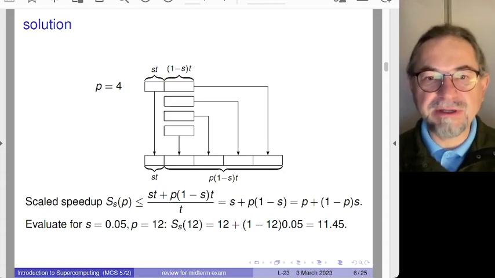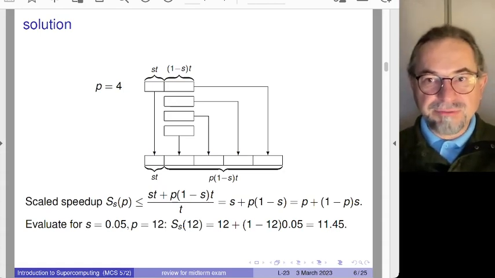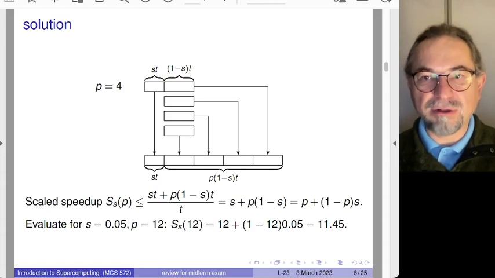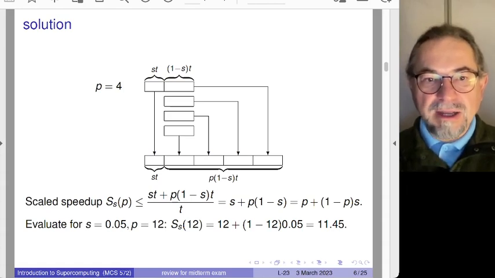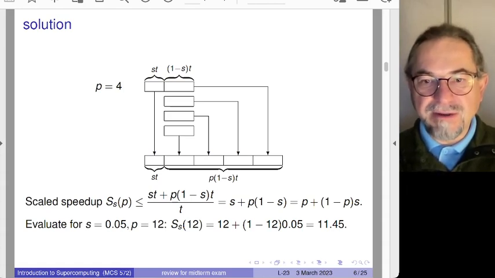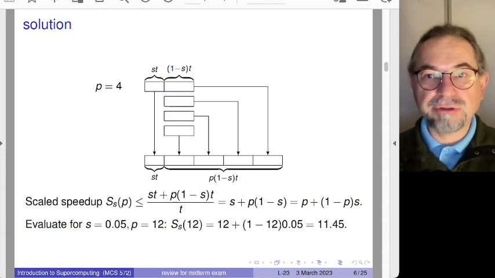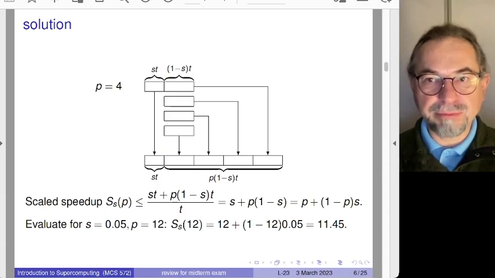So we have the total time that's recomputed, the sequential time, and we divide this by t. So t is the parallel time. And now you see that after deriving the formula again, when we evaluate the formula for the 5% and the 12 processors, then we can compute the scaled speedup.